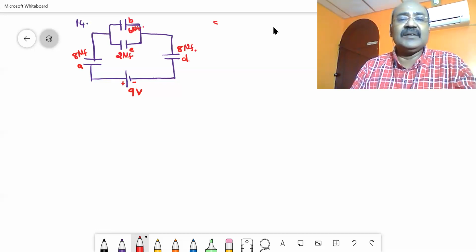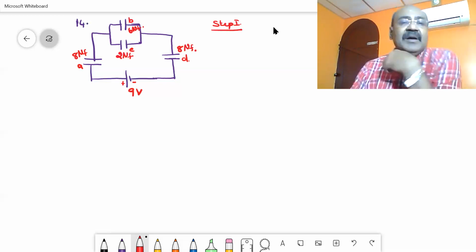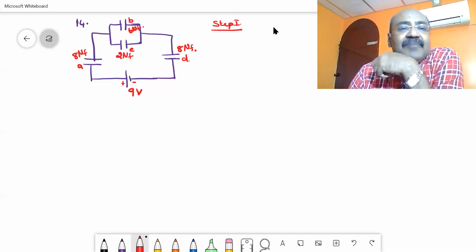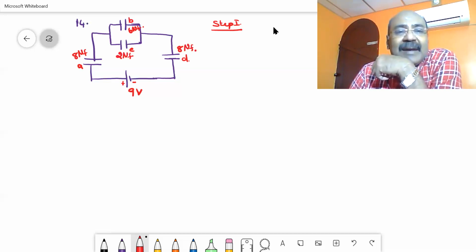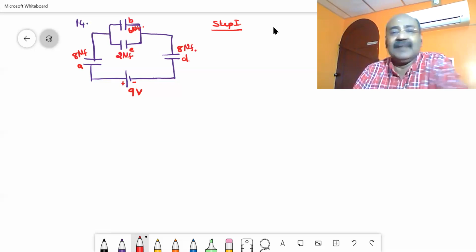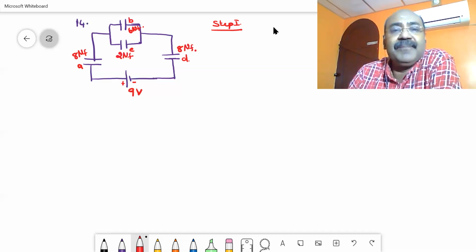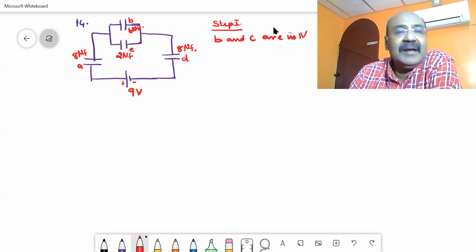Step 1. When you are seeing this diagram, we can say the capacitor B and the capacitor C are in parallel. If it is in parallel combination, I am writing that as CP.